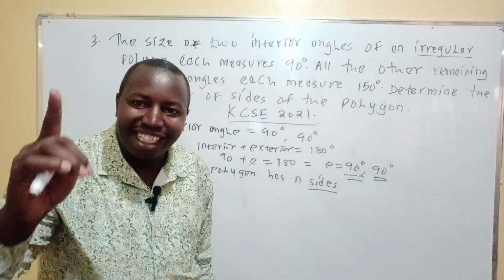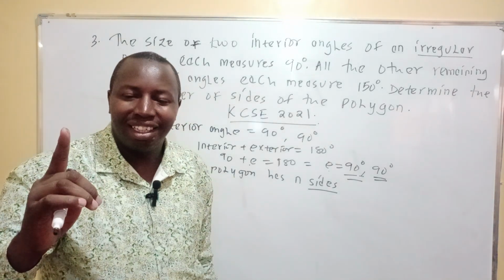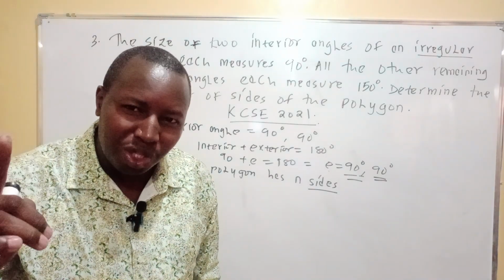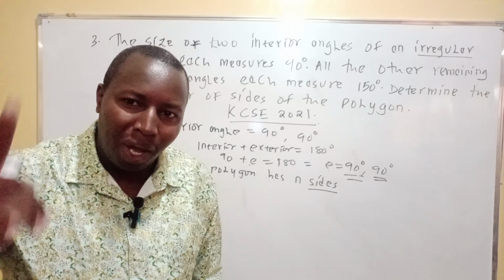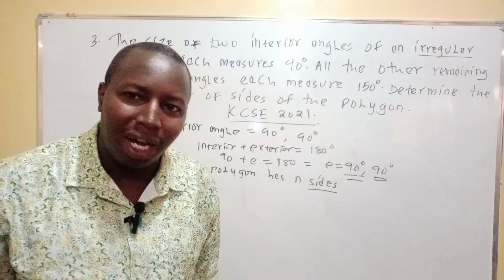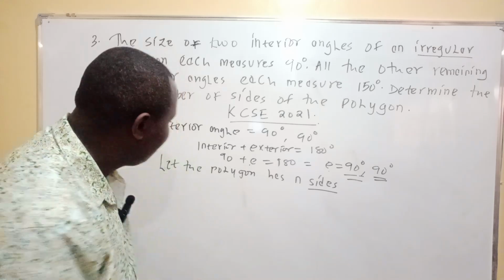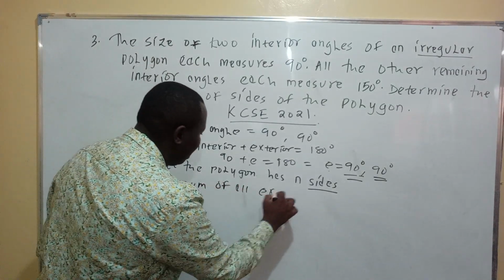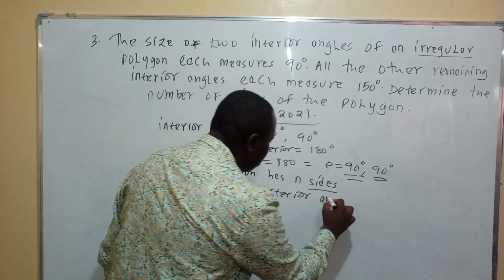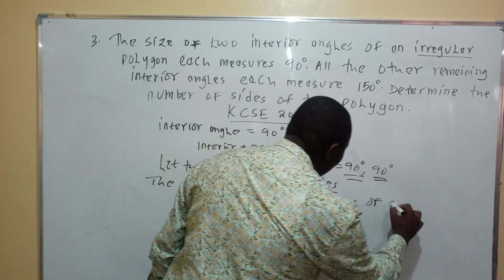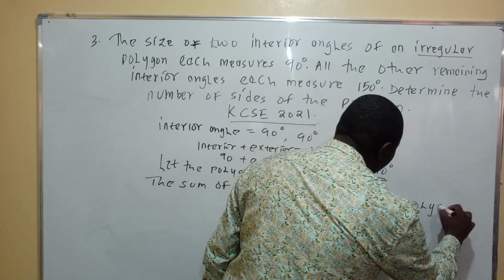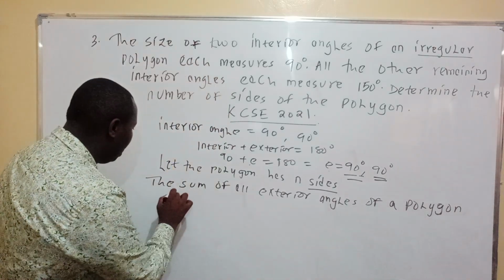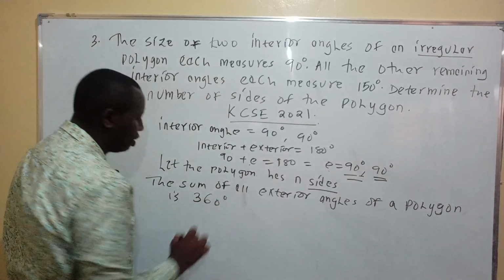The next concept that you need to understand is that the sum of all exterior angles of a polygon, whether regular or irregular, is 360. Note this: the sum of all exterior angles of a polygon, regular or irregular, is 360.